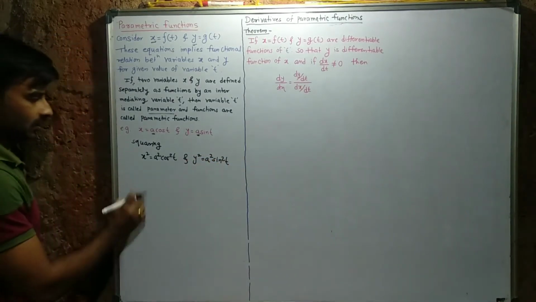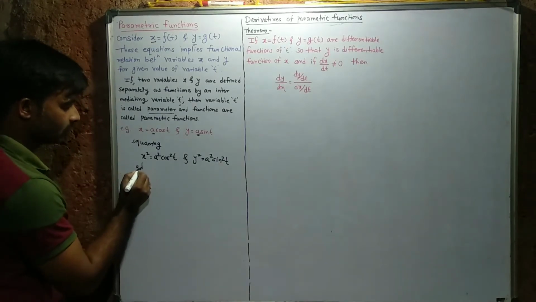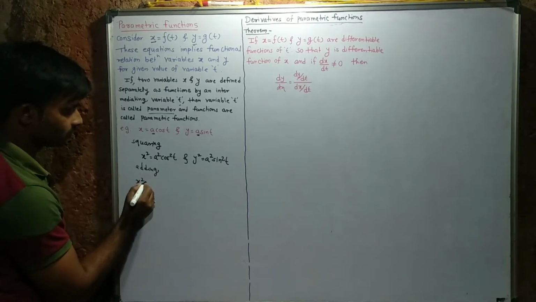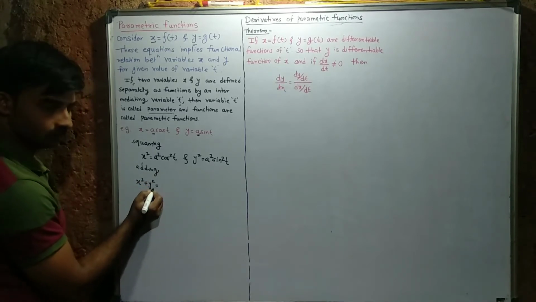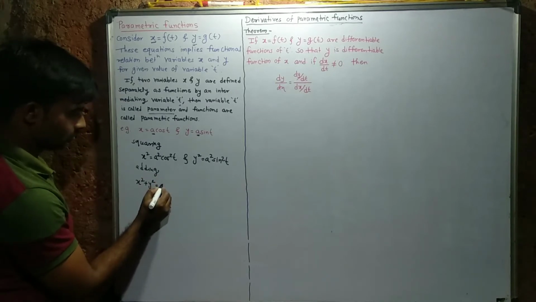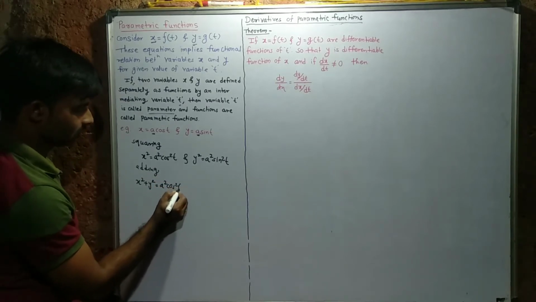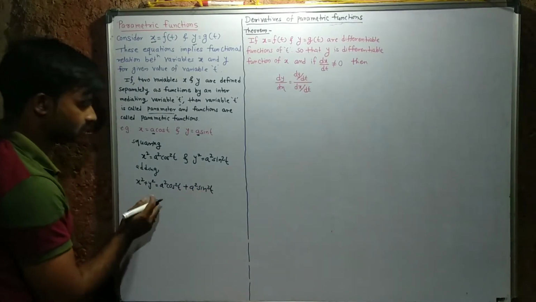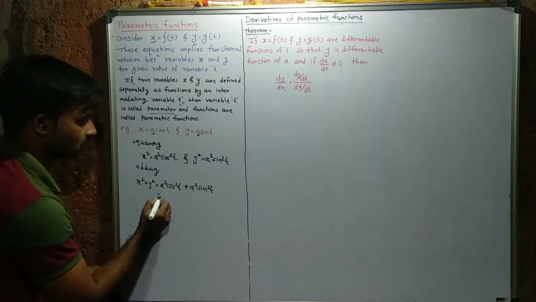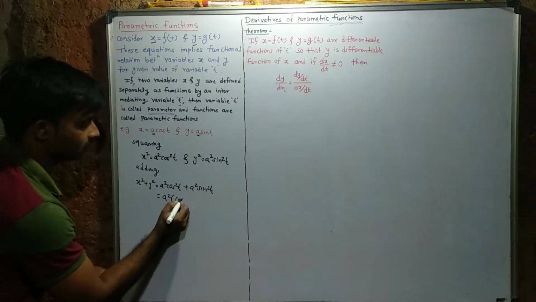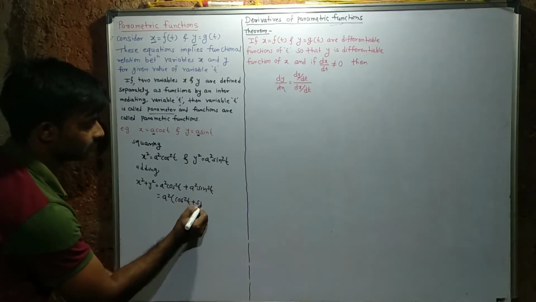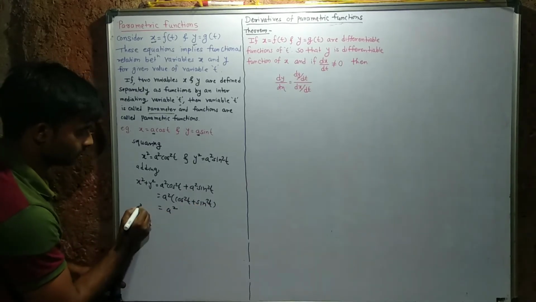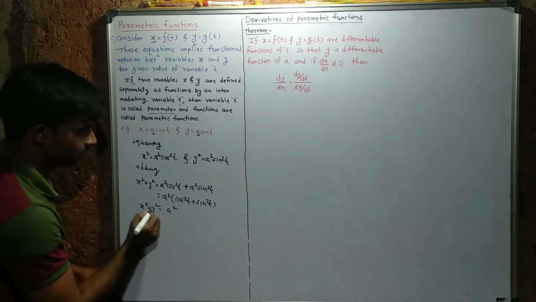Now adding these two equations, you get x square plus y square is equal to a square cos square t plus a square sin square t. Here a square is common, and inside the bracket cos square t plus sin square t is nothing but 1, therefore x square plus y square is equal to a square.